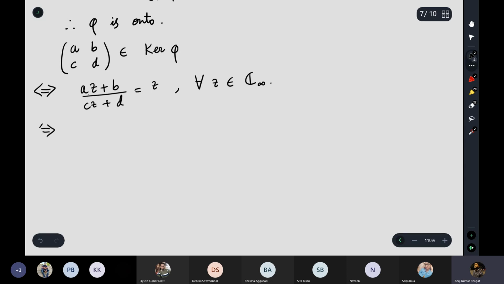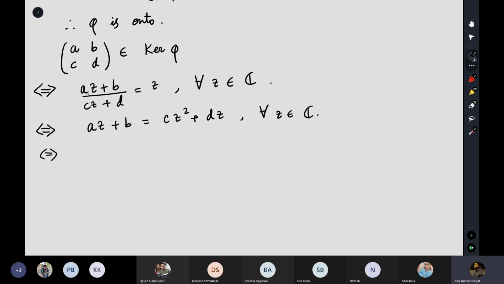So if and only if az plus b is equal to cz square plus dz. Let me not include C infinity, because this holds for every element of C, so I can compare the coefficients.